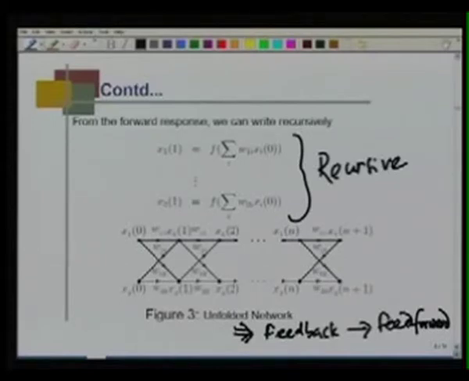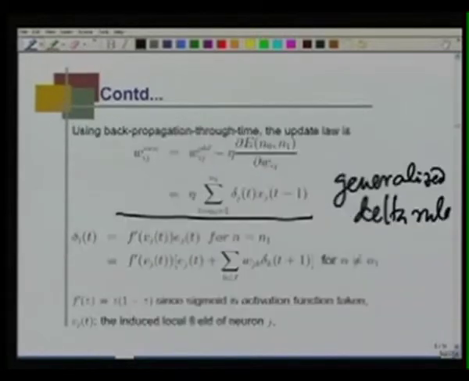I found out what should be the delta W in this layer, and then the error back propagated through this weight is added with the error at the instant n at the node, and then again the combined error is back propagated, and like that until I reach the last layer here. So, that is what we do in back propagation through time, and that is what you are seeing here.